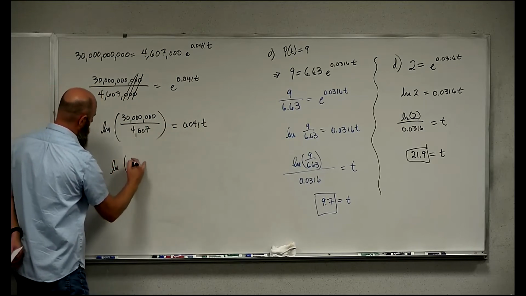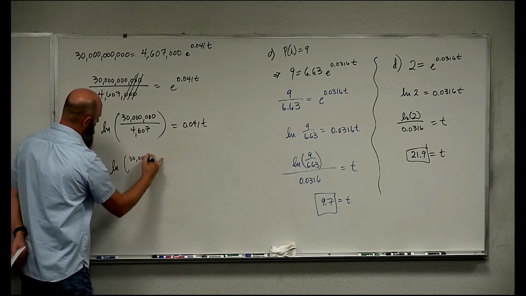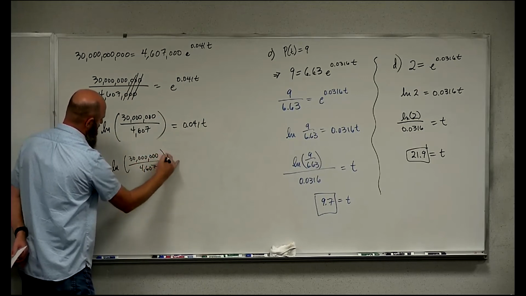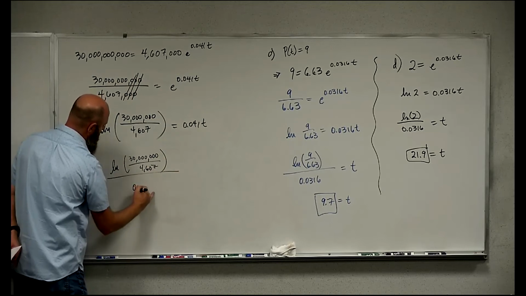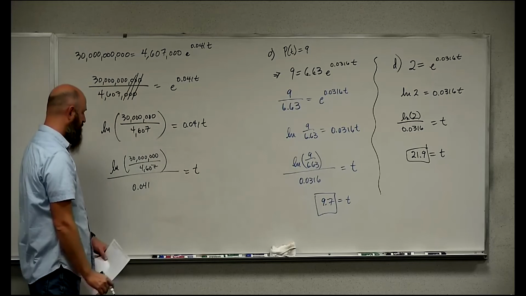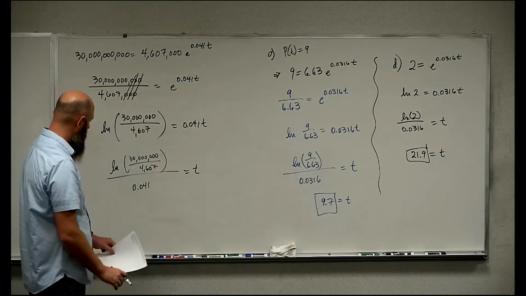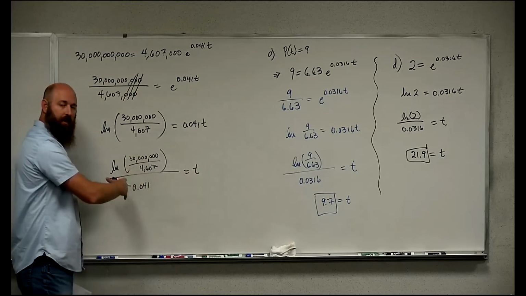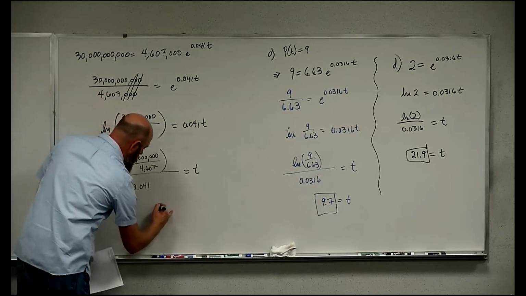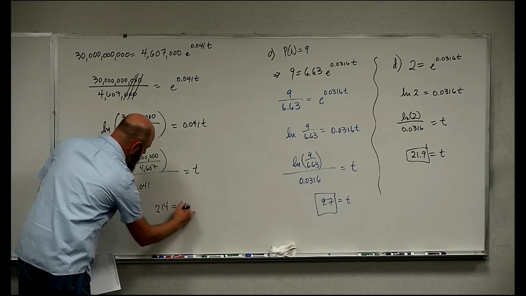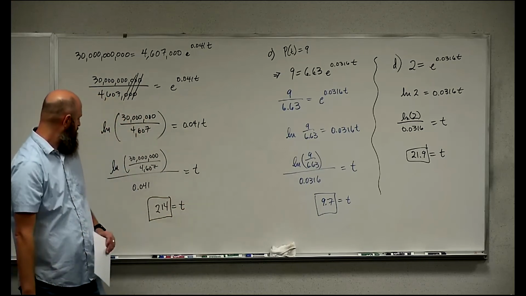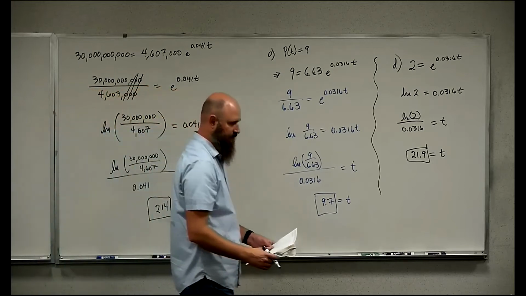So ln of 30 million divided by 4,607, all divided by 0.041 equals t. Okay. Well, we put all this in the calculator now, parentheses around the appropriate places, and we should see that we get approximately 214 years to get to that time frame.